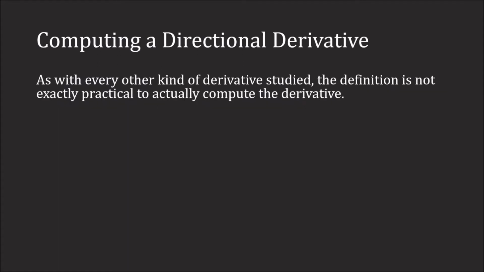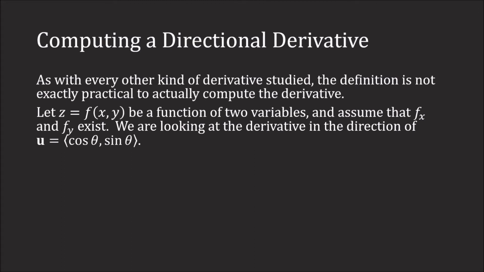As with every other kind of derivative that we have studied, this definition is not practical to actually compute the derivative. So let z equal f of x, y be a function of 2 variables, and assume that f sub x and f sub y both exist.